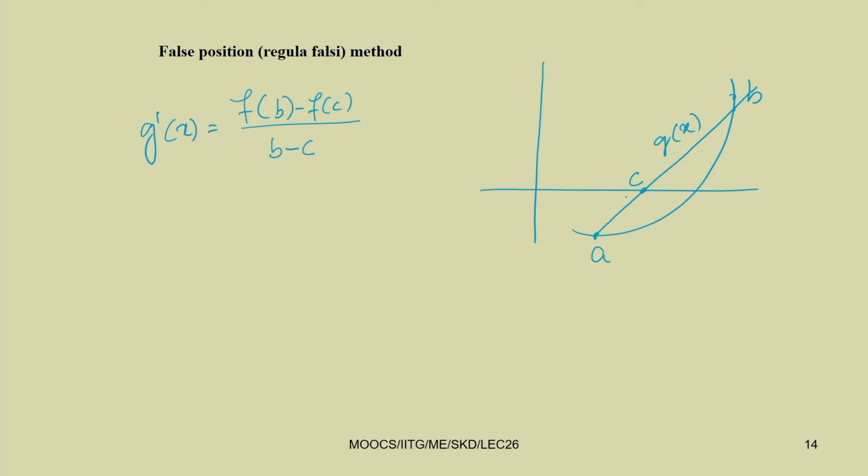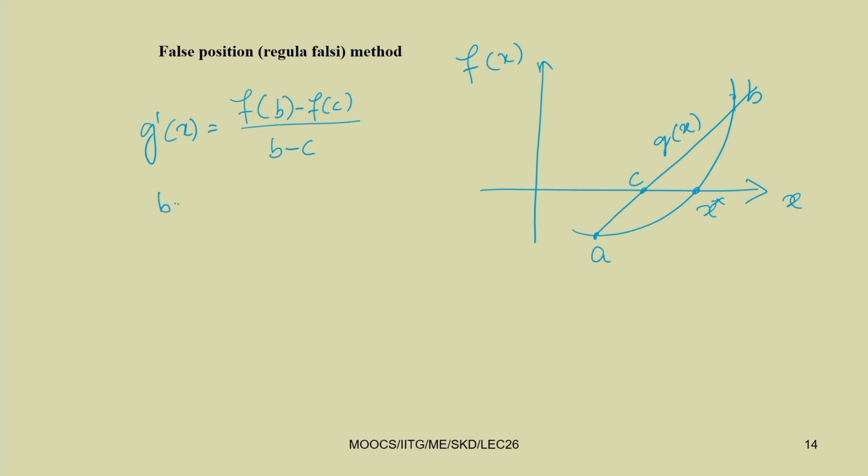Here this is f x and this is x. Actually this is our root, that is x star. So f c will be equal to 0. We are taking the c point in such a way that f c equals 0. So we can find c.